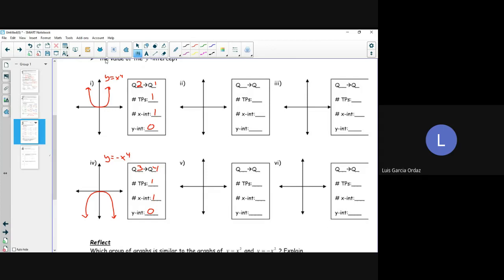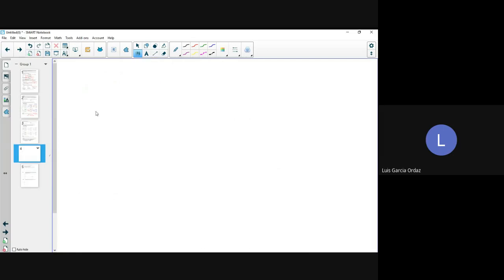Can you write out what you did then? Sure. I'll just write it on the page. So, end behaviors for odd degree.